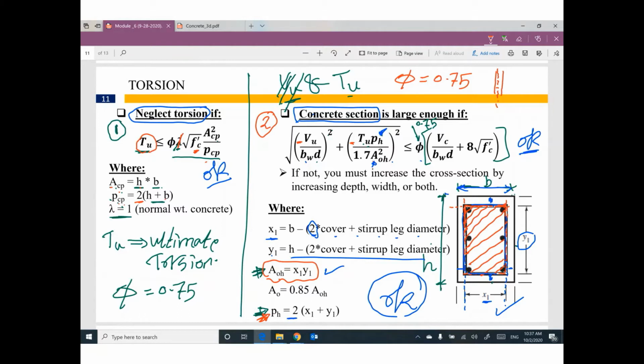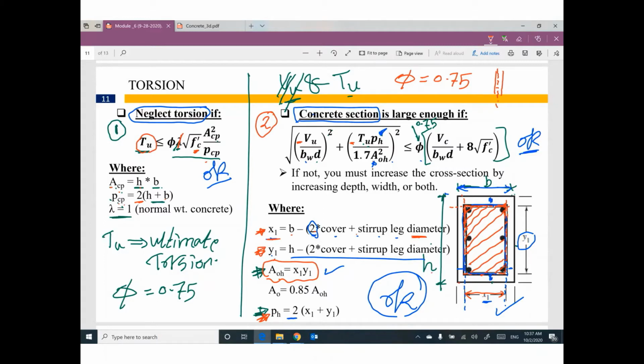To figure out the dimensions of the new section, I can get x1 and y1 from this expression and this expression. We need only the width of the cross section minus 2 times (cover plus stirrup leg diameter, not area, diameter). And y1 equals the overall depth, which is called h, minus 2 times (cover plus stirrup leg diameter).